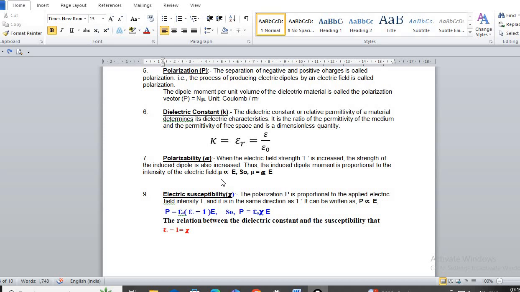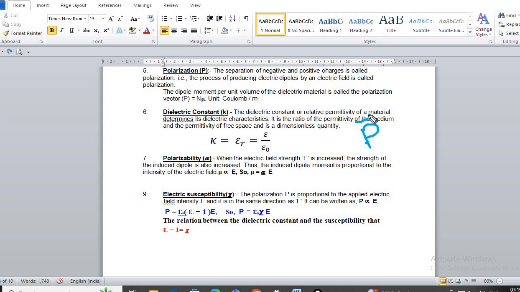The dipole moment is proportional to the applied electric field. The proportionality constant is alpha, which is known as polarizability. Now the susceptibility: I'm just writing the polarization vector P. Due to the formation of dipoles, they change their orientation, so there will be a certain internal field due to the external field, which is known as polarization.